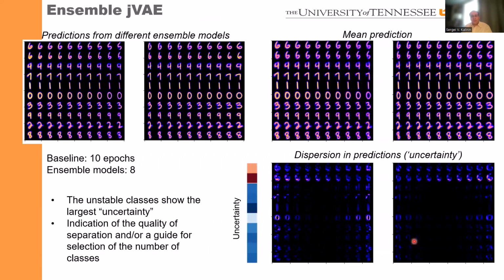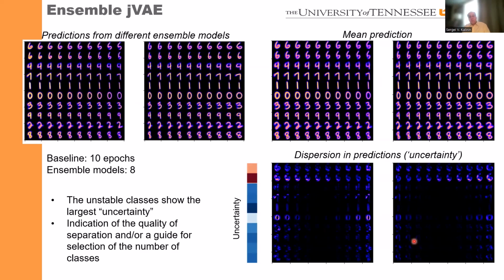Another thing that we can do is to ensemble our autoencoders. So the question is, why would we want to do that? You know very well that the problem with many deep learning methods is the out-of-distribution shift.